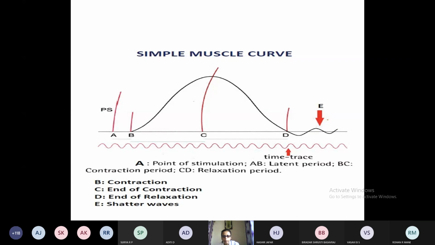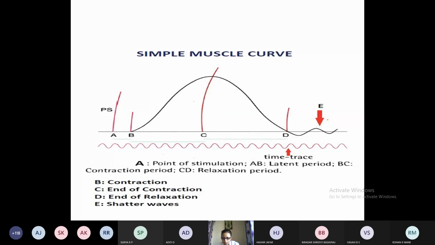And what about isometric? The tone changes, but the length of the muscle remains the same within physiological limit. So this is the difference between isotonic and isometric contraction. In isotonic contraction, no doubt work is done because of the change in muscle length. But in isometric contraction, no external work is done.